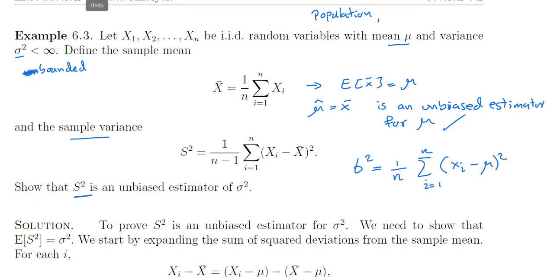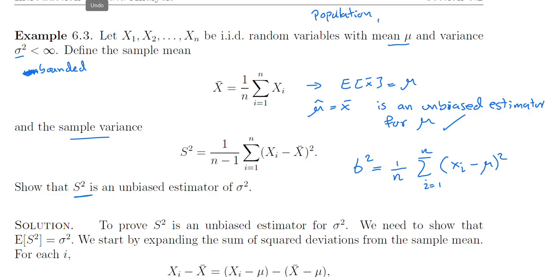Okay, let's compare them. In the sample variance, we subtract x bar. In the population variance, we subtract mu, because we know the mu in the case of finding the variance. But since mu is unknown, we're going to use the sample mean instead. That's one difference. The other difference is here we divide by n, but in the case of sample variance, it's divided by n minus 1.